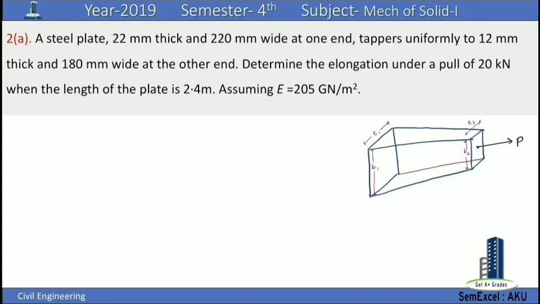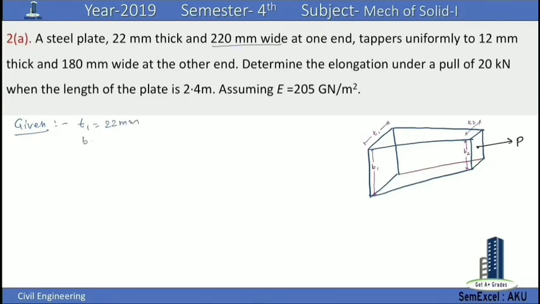Here is the first question. A steel plate 22 mm thick. So first we will write down all the given data. Here the thickness T1 is equal to 22 mm and 220 mm wide.